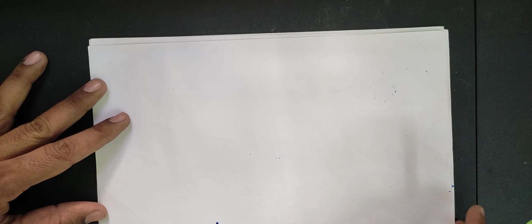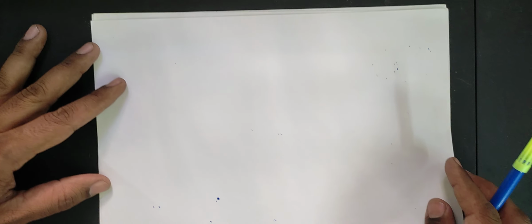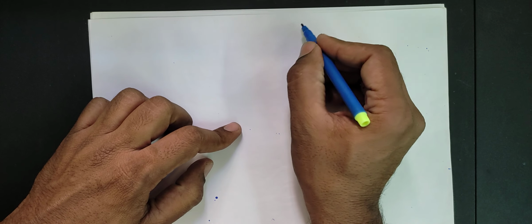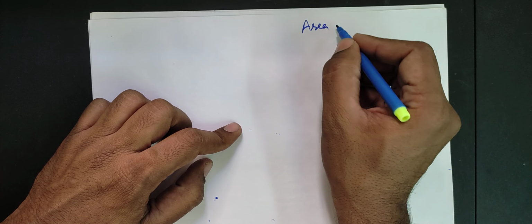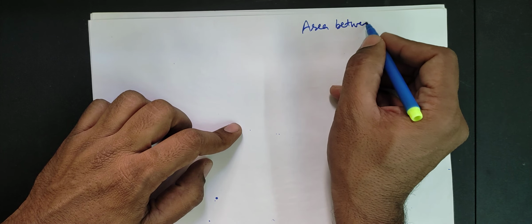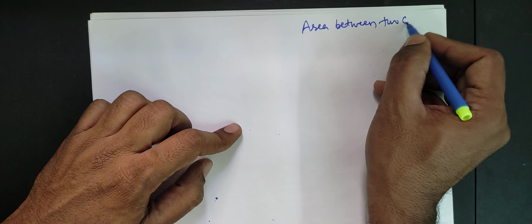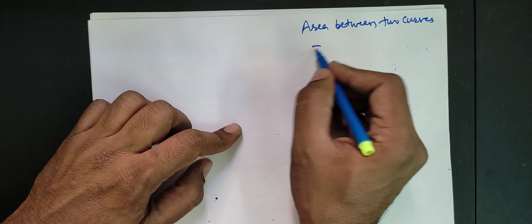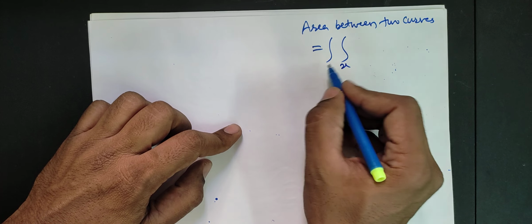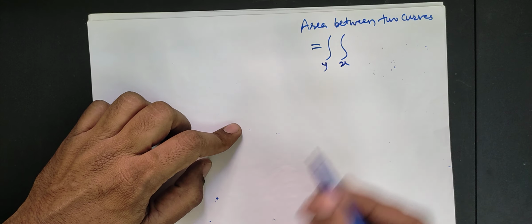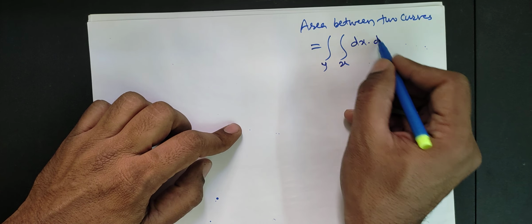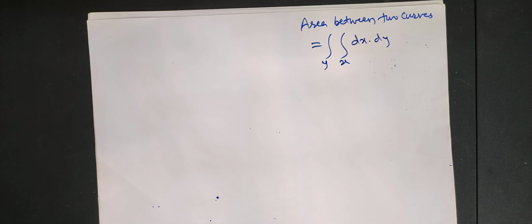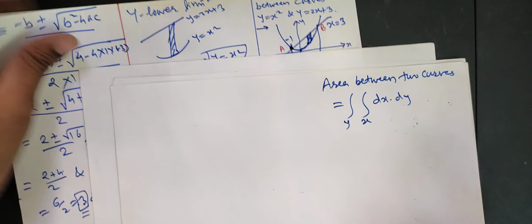Now for area, we want the area between two curves, which will be equal to the integration, one limit for x, one limit for y, dx dy. Just recall what we had done.